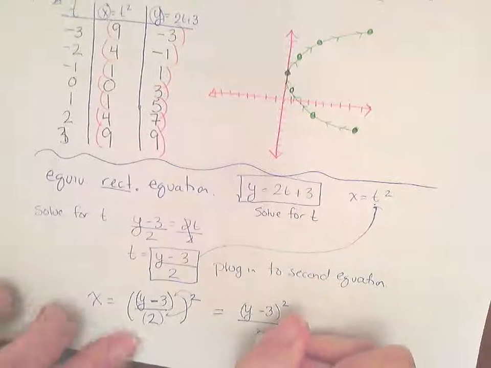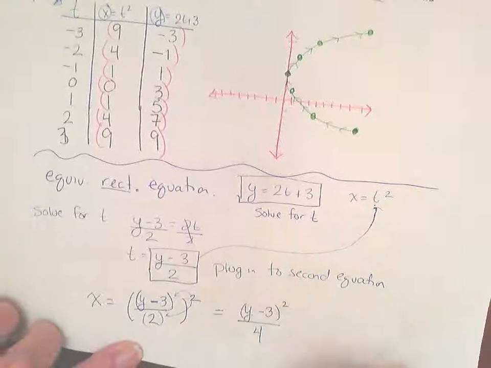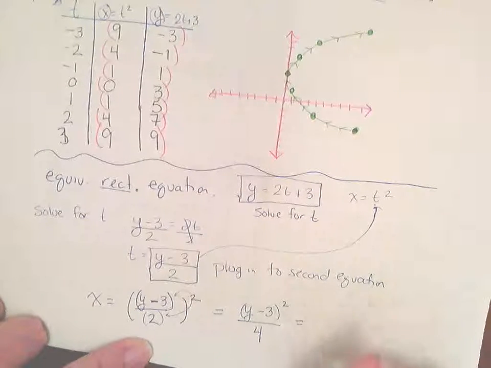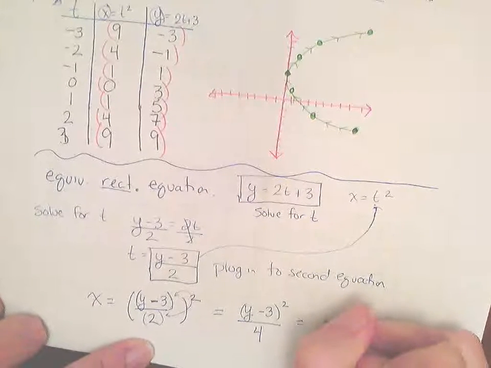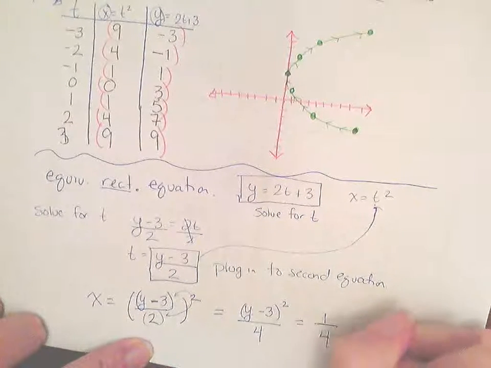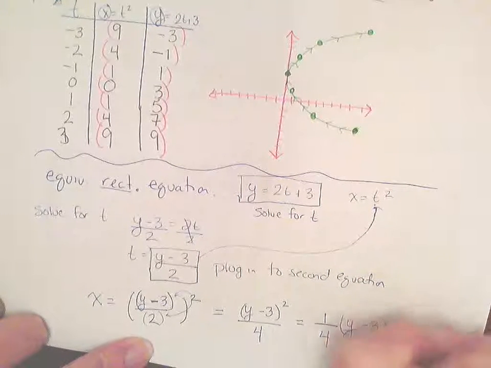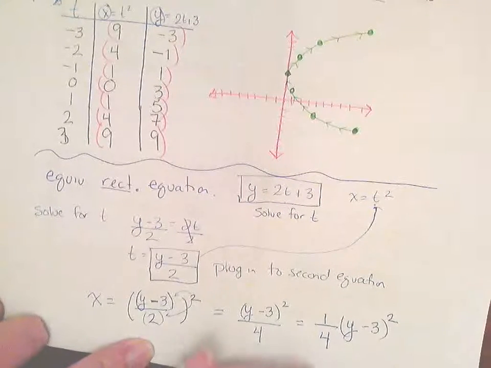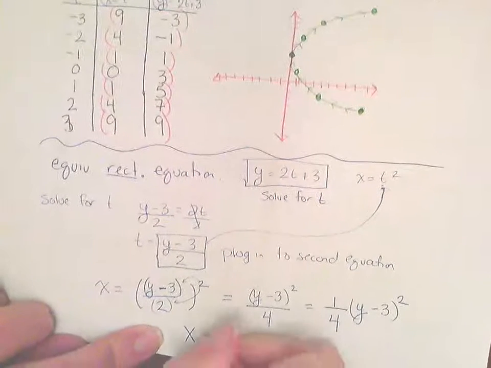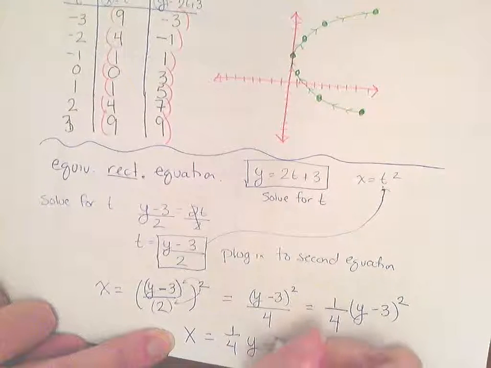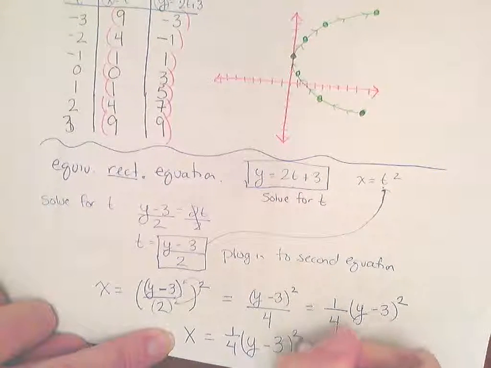And then that is divided by 2 squared, which is 4. And then it would look a lot neater if we just pulled out the 1/4 to the side and called this 1/4 y minus 3 squared. So my final answer is x equals 1/4 (y minus 3) squared.